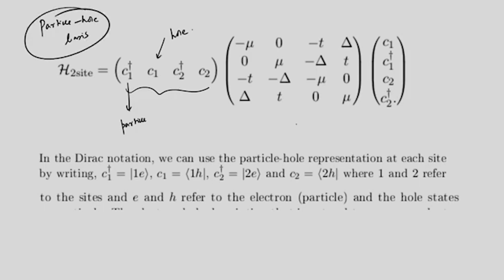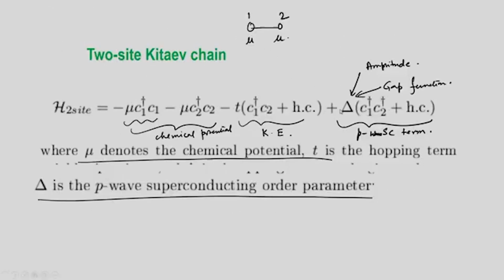Which is like this, and because the number of entries in the basis is 4, we have a 4 by 4 matrix where minus mu, plus mu, minus mu and plus mu are on the diagonal, because you see that it is C1 dagger C1 and C2 dagger C2.